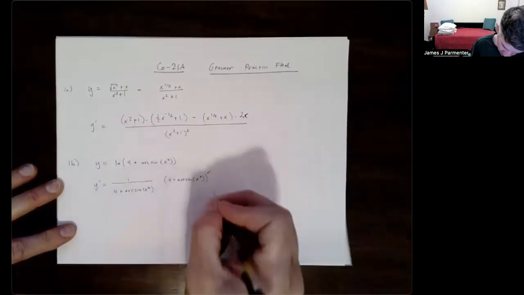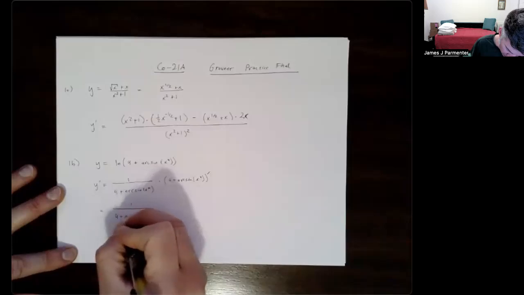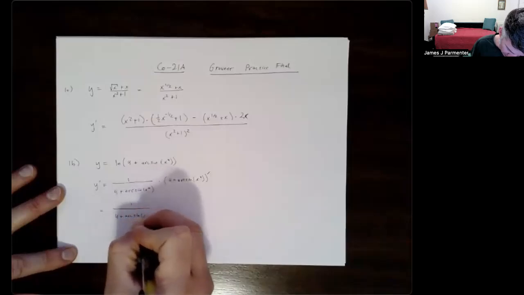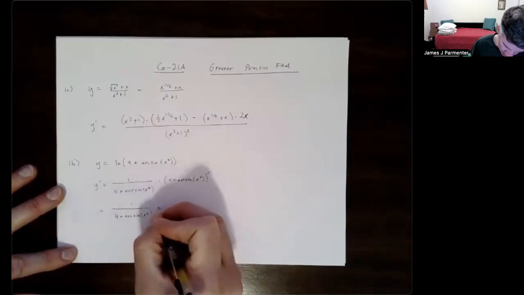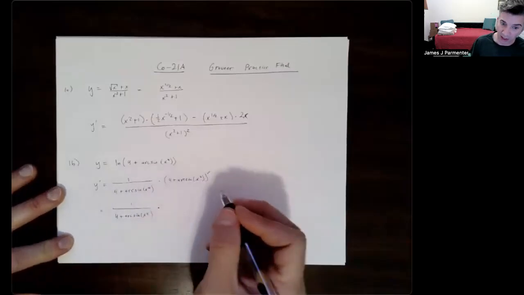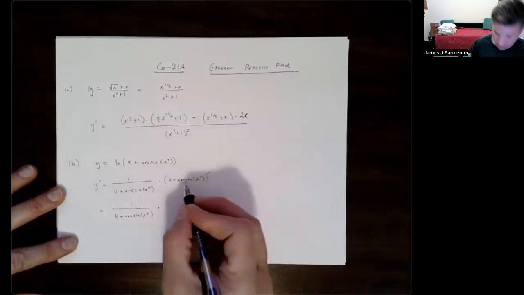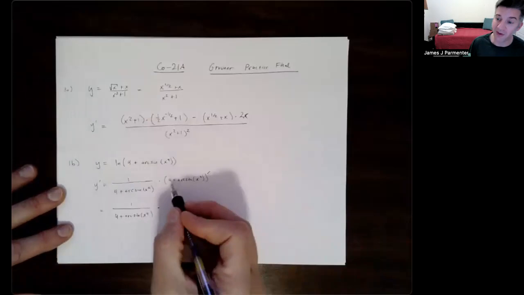And then we could go further and say that's still 1 over 4 plus arc sine of x to the 4th, times the derivative of 4 plus arc sine of x to the 4th. The derivative of 4 is 0.